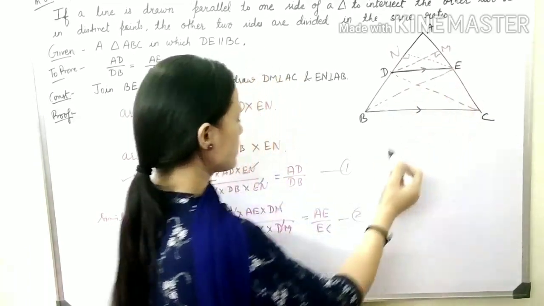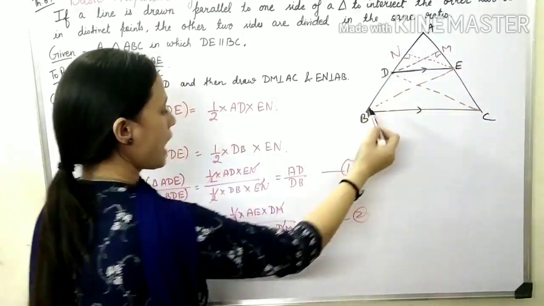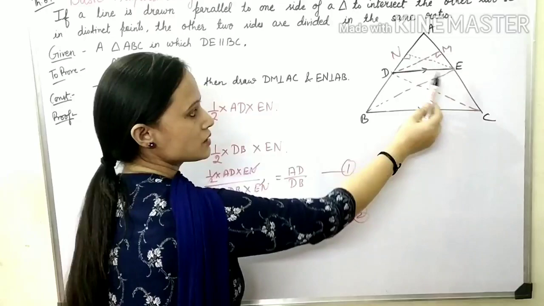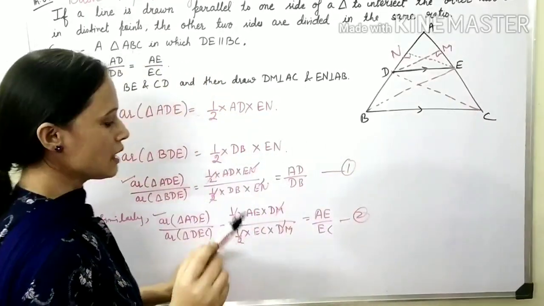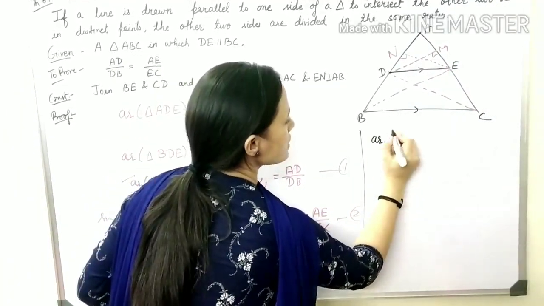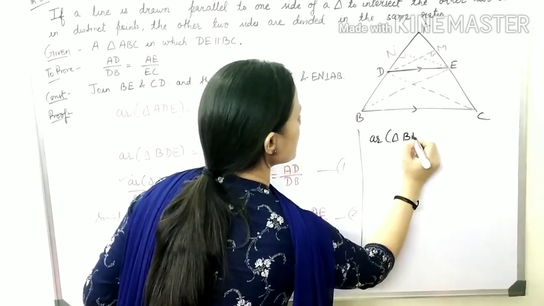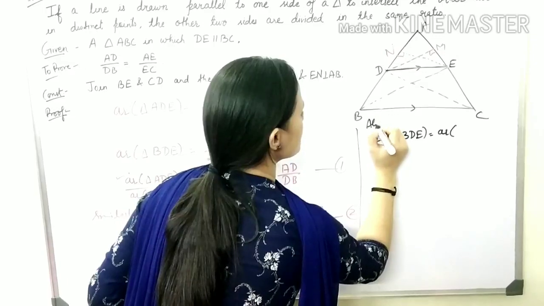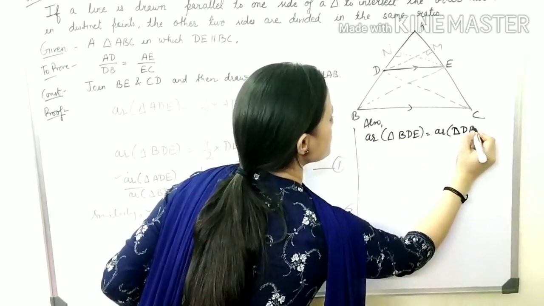These are the two triangles BDE and DEC, lying on the same base DE and between the same parallels. We have studied that their areas are equal. Area of triangle BDE is equal to area of triangle DEC.